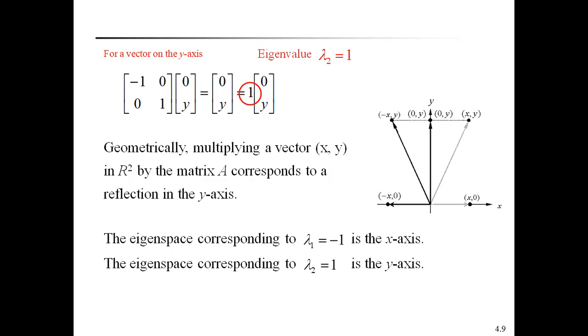For lambda 1 equal to -1, the eigenspace is the x-axis for this matrix A. Similarly, the eigenspace corresponding to lambda equal to 1 for the matrix A is the y-axis. This is the best example to determine the eigenspace for the corresponding lambda value.